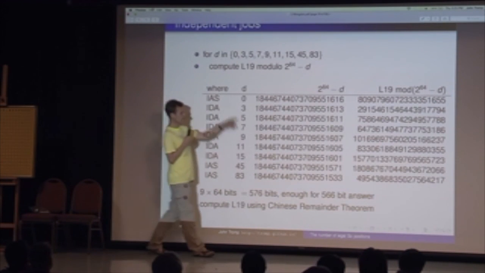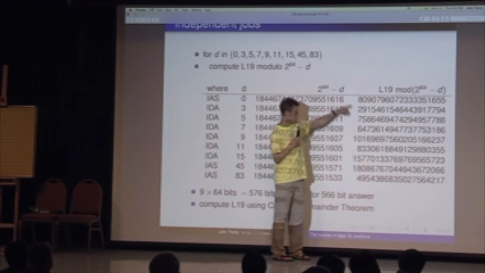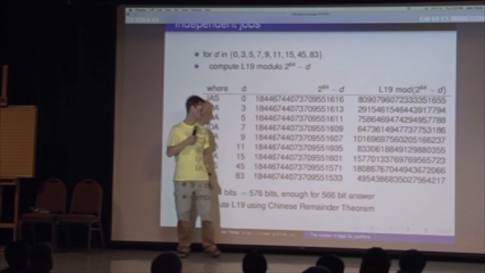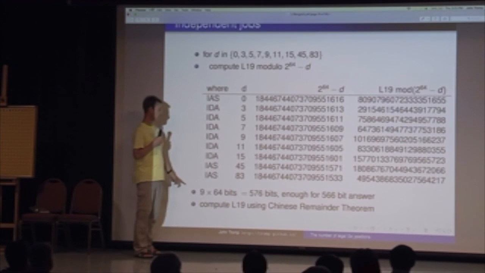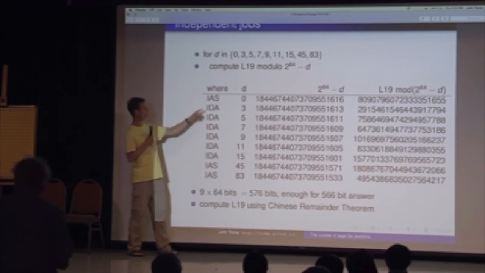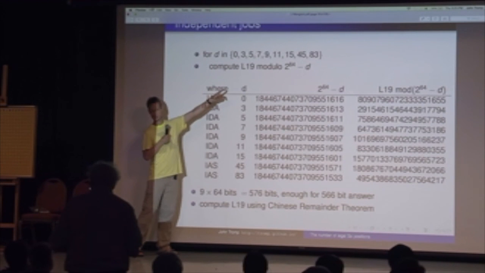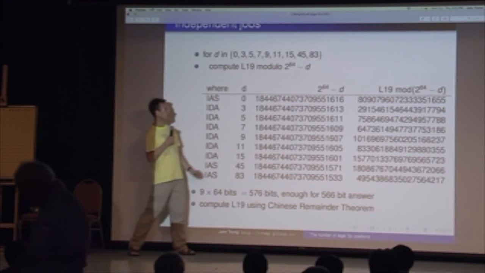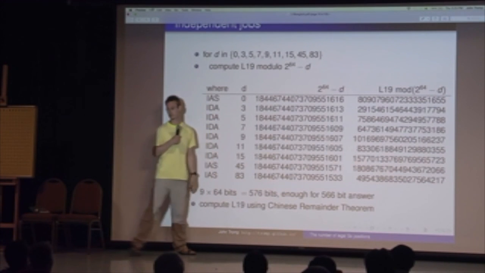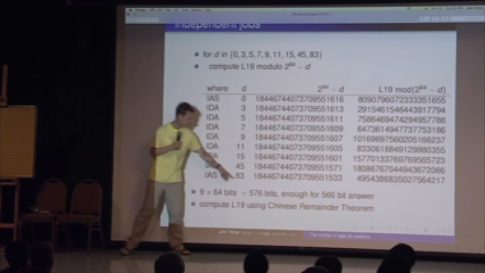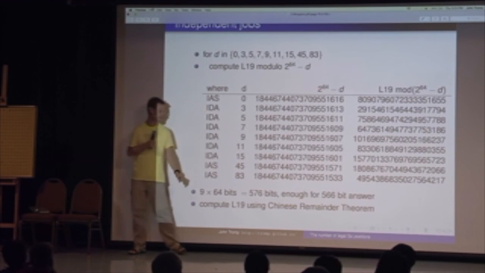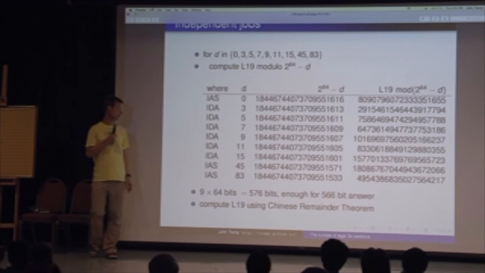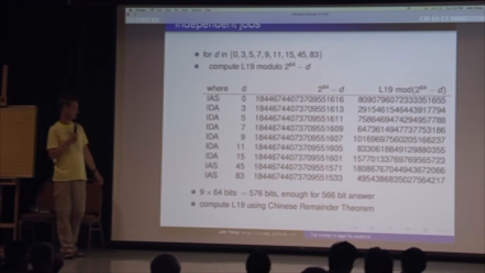When I get all those results, which are shown here, I can use the Chinese remainder theorem and compute my n, which is uniquely determined given the product of all these numbers. So with 9 jobs, I will have about 9 times 64 bits. I will have 576 bits worth of results. And I know the number is only 566 bits long. So that will be enough.